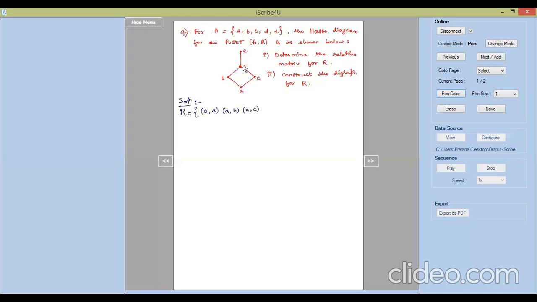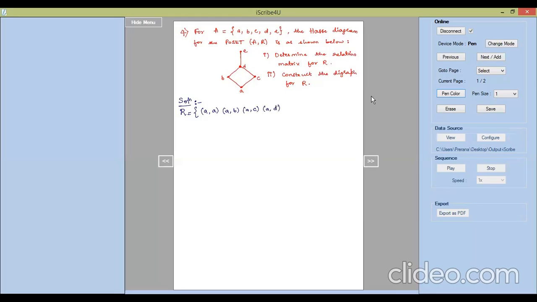I repeat, since A to B there is an edge and B to D there is an edge, A comma D also is obvious. The ordered pair A comma D is obvious due to the transitivity property.